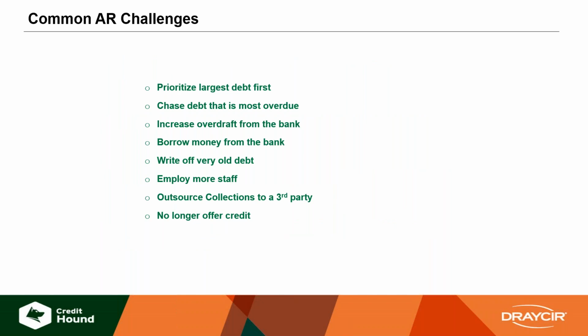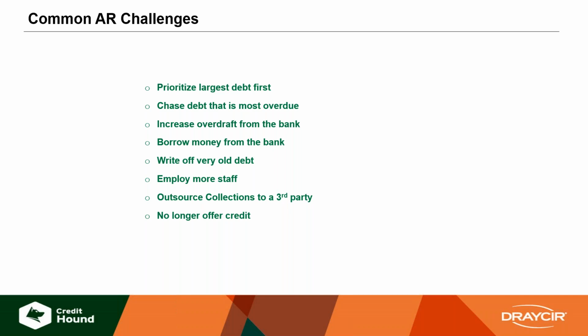Now, these are some examples of how some of our customers were dealing with their bad debt before implementing Credit Hound. And I'm sure some, if not all of these, will ring true to you too. So first of all, prioritising the largest debt first. Now, while that might seem like the most sensible way of collecting cash, what ends up happening is those smaller invoices might never ever get chased, resulting in them just being written off.